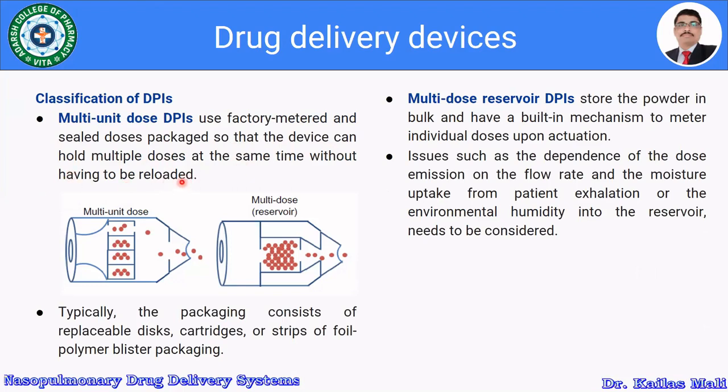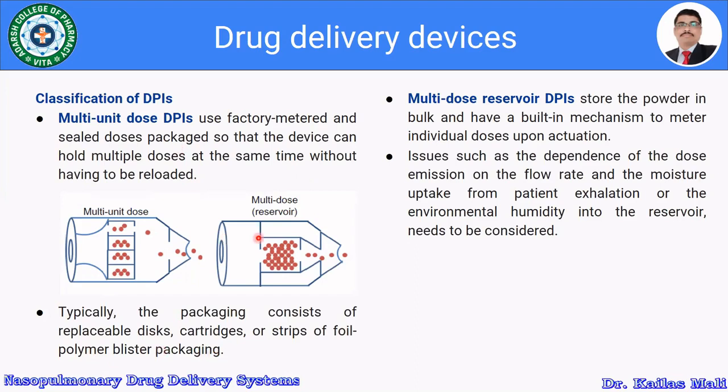So this is the multi-unit dose DPI, with many doses packed at a time. Typically, the packing consists of replaceable discs, cartridges, or strips of foil polymer blister packing.